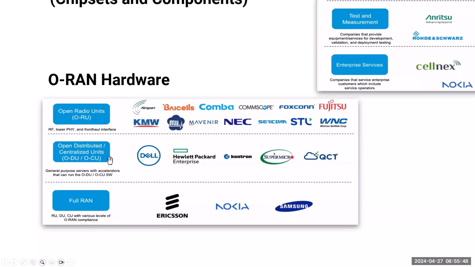In the domain of open distributed and centralized units, or the O-DU and the O-CU, Dell is already there. Hewlett-Packard, Quanta, Supermicro, and QCT. And for the full RAN, of course, these are the existing vendors like Ericsson and Nokia, and of course Samsung.